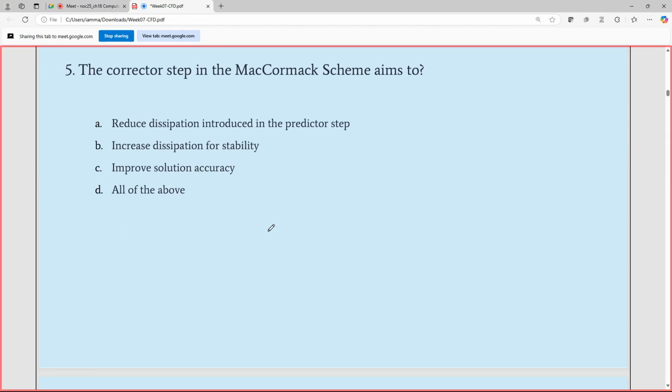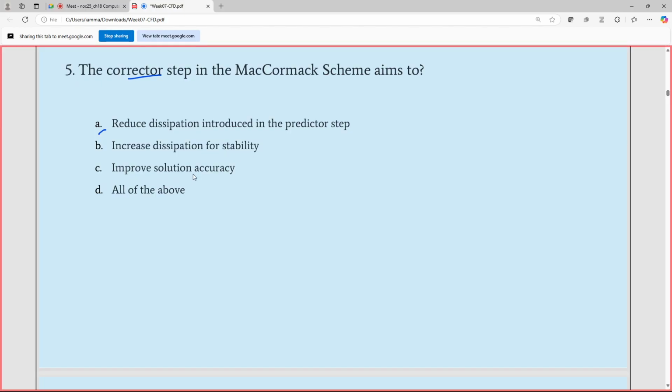Moving on to the next question. This is on the second step, that is the corrector step of the McCormack scheme. The corrector step in the McCormack scheme aims to do which of the following? Options are: option A, reduce the dissipation introduced in the predictor step. Option B, increase the dissipation for stability.